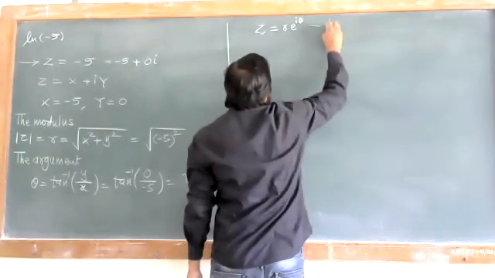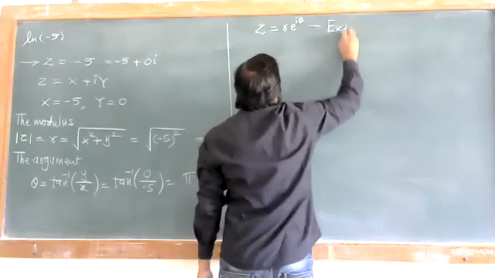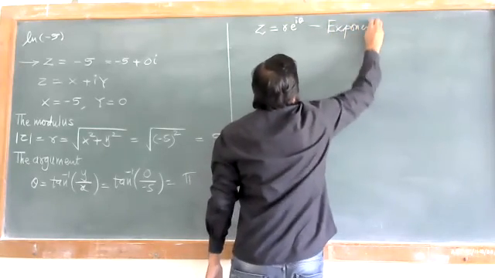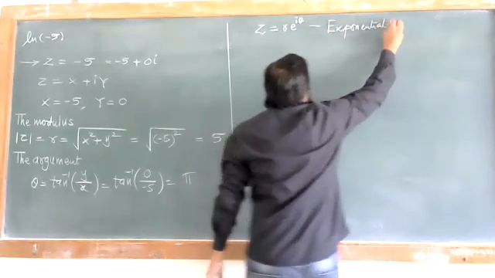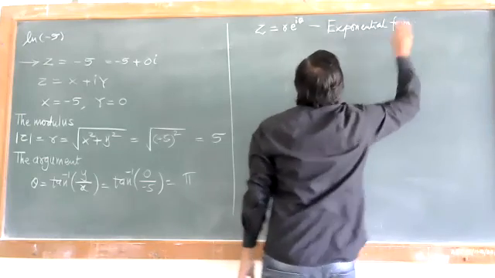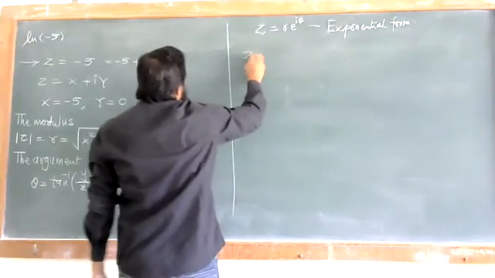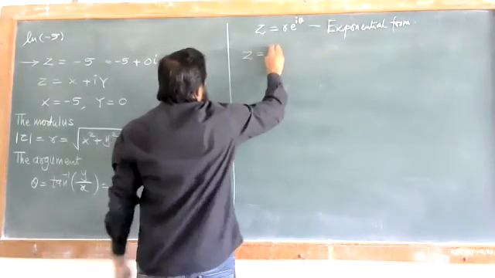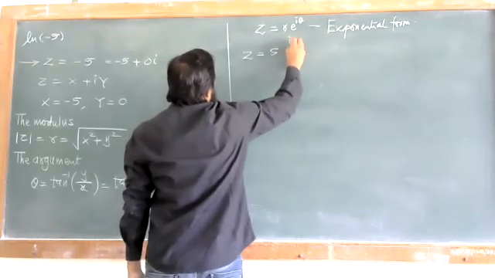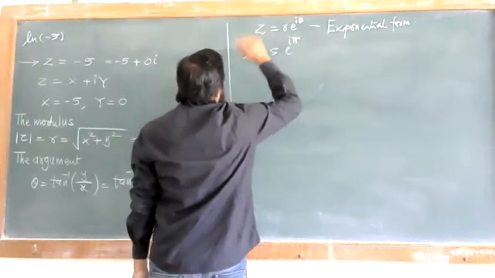So z is equal to 5 into e raised to i times pi.